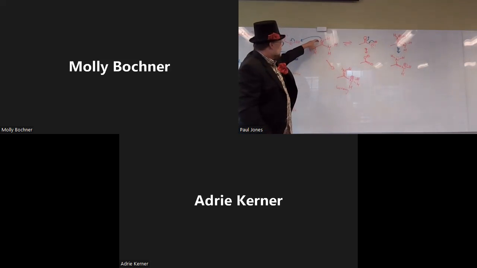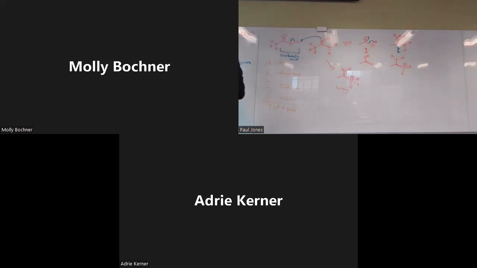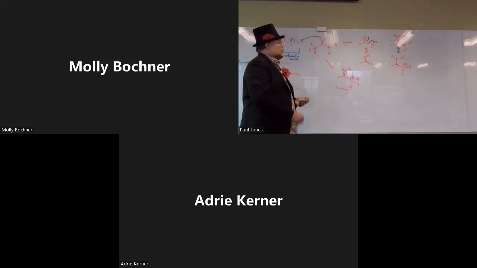Anytime you've got a carbon with a pi bond to one atom and single bonded to a heteroatom, the proton always goes on the double bonded atom. All right.